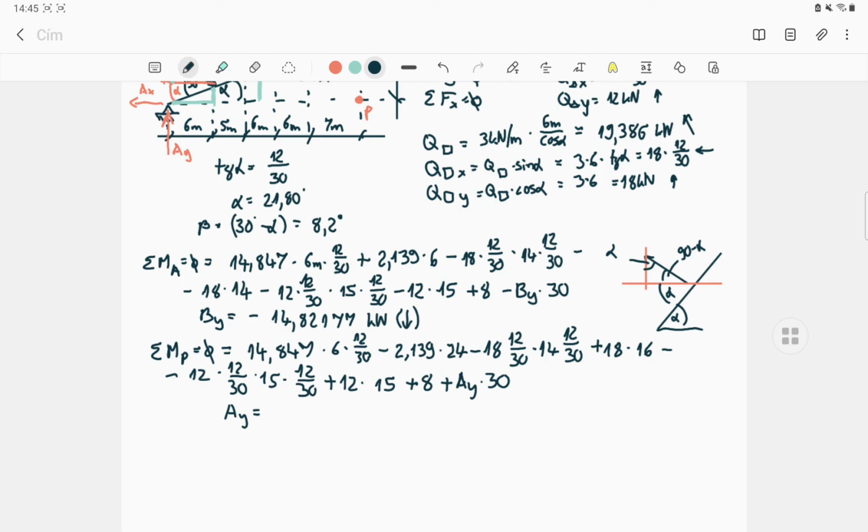This is a positive number. I have to move to the other side, it will be negative, and divide back with positive 30. So the result is negative. No, I made a mistake. Okay, but it will be negative.